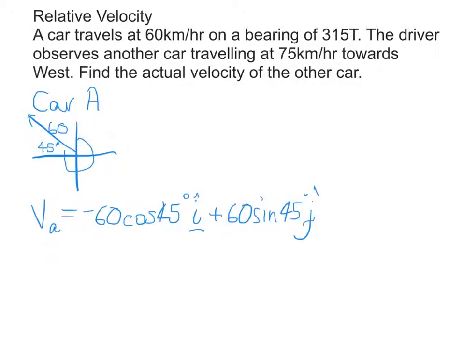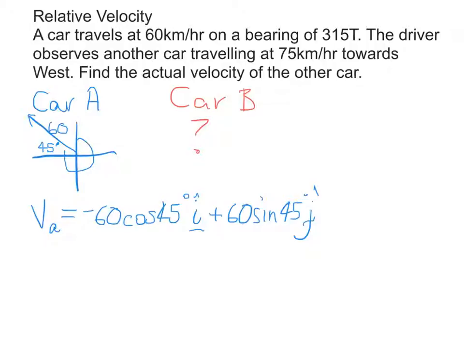Next, I have car B. Now, I don't know the actual velocity of the other car, so this is what I'm trying to find out. What I do know is that the driver observes another car traveling at 75 kilometers per hour.